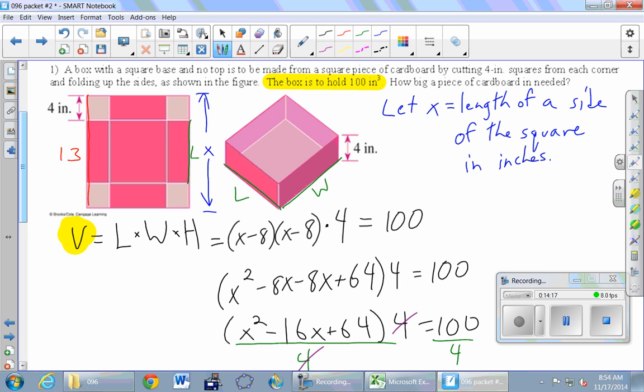And so if I take away the two 4-inch pieces from either side, how much is left here? Take away 4 and 4, it's 5 there, which means that this is also 5. So the dimensions of my box are 5 by 5 by 4. 5 times 5 is 25, times 4 is 100.